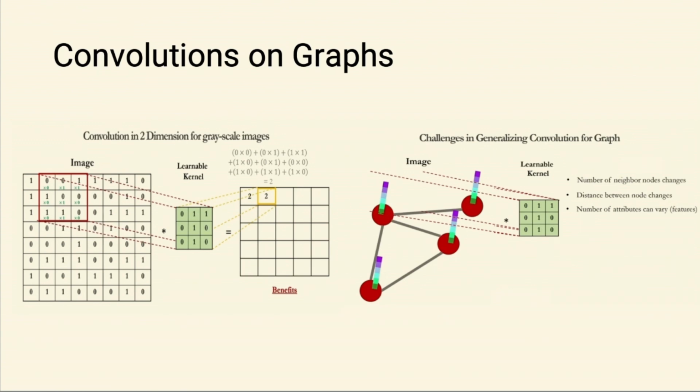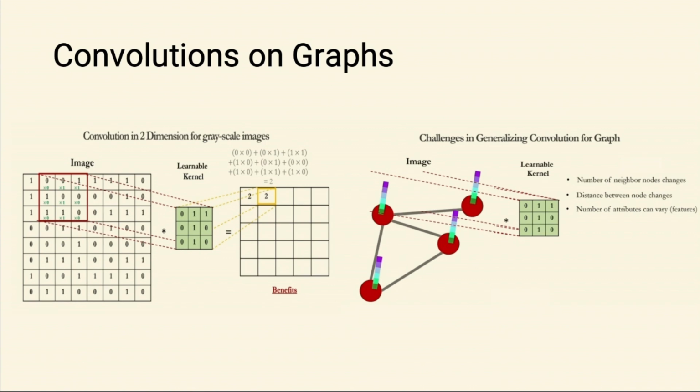And this is all possible because this is a very fixed two-dimensional grid, and you're able to swipe this across the image in patches.